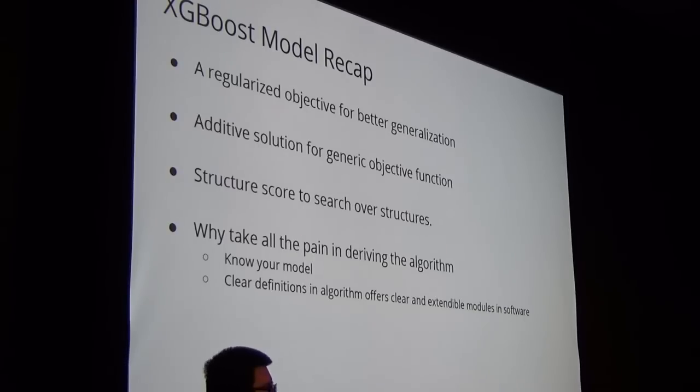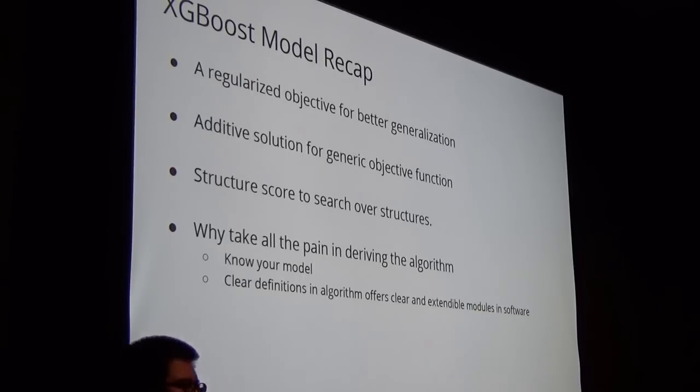I need to mention that the derivation here is not original, in a sense it's a kind of derivation of what Friedman does in the original GBM paper. But one important thing is that we introduce this more generic regularized objective and this cleaner derivation so that everybody can understand what's going on. And the regularization helps you to control your model complexity. Okay.